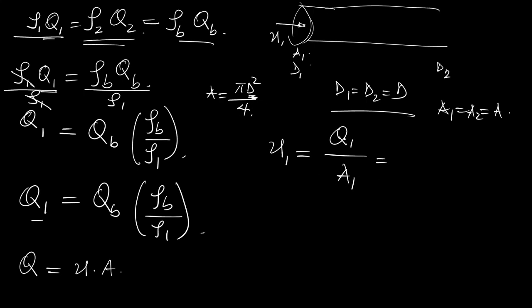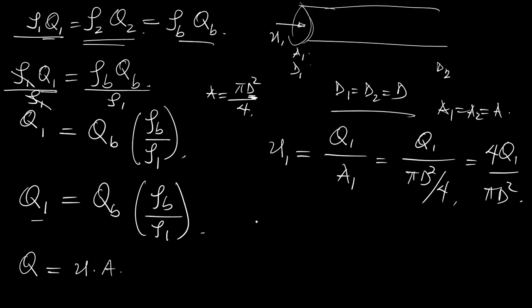So now that means you have Q1 all over pi d square all over 4. So this is equal to 4 Q1 all over pi d square. So the velocity here should be 4 Q1 all over pi d square.